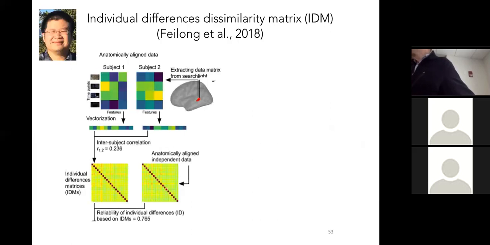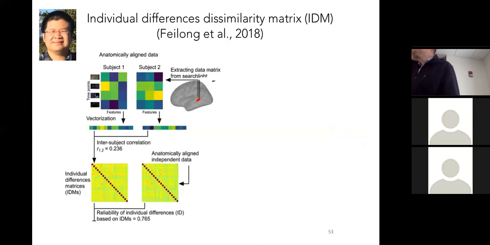So the first question he asked is, is this individual differences matrix a reliable object? He said, if we derive that individual differences matrix for the same brains again, but from independent data, from a different dataset, do we get the same pattern of who's alike and who's different? And they're remarkably similar. The similarity is up around 0.77 for this particular cortical area.